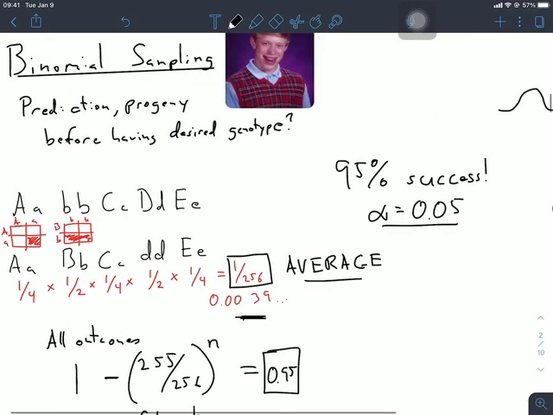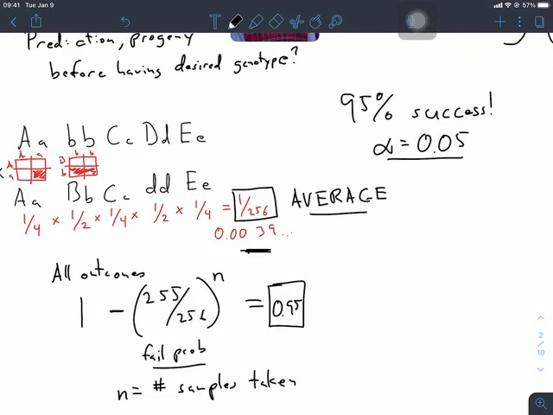That's our 95% confidence interval here. So in this situation, we have 1 minus the probability of a failure, all to the n, set to our success rate given a number of trials.